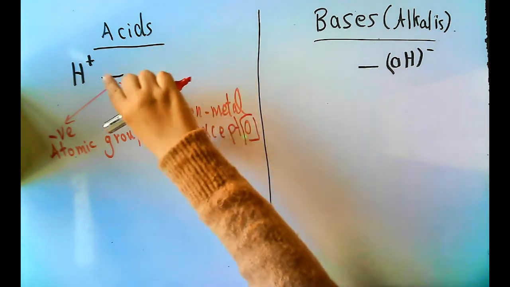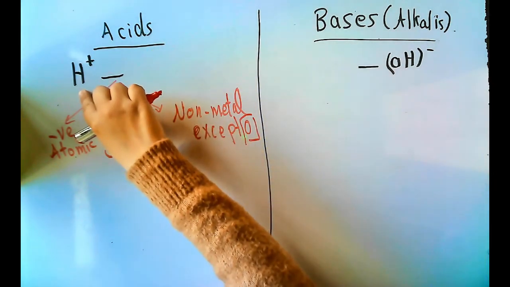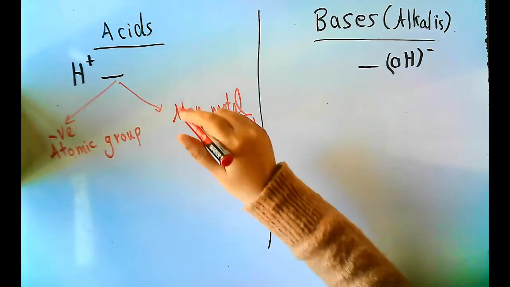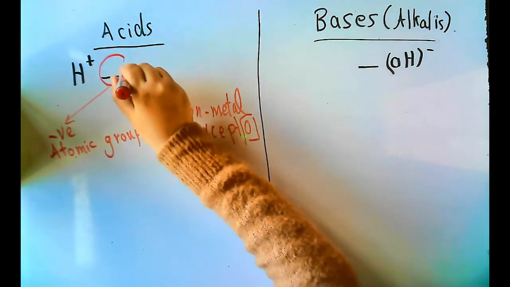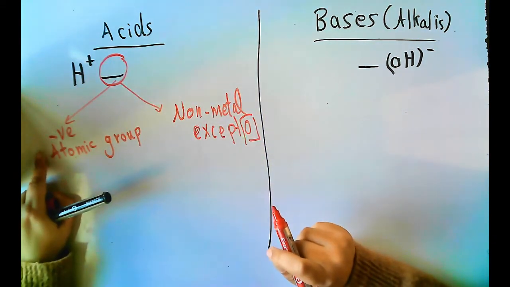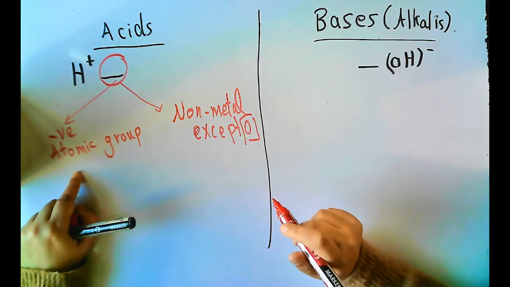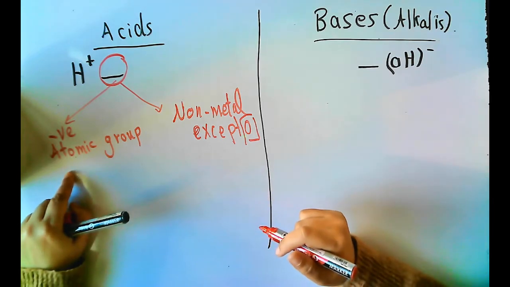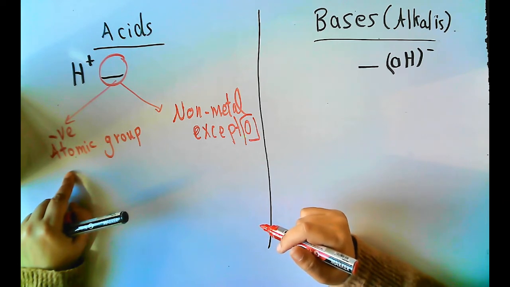So acids start with positive hydrogen ion. This positive hydrogen ion combines with either a negative atomic group, as we studied in valency, the atomic groups like hydroxide, nitrate, nitrite, carbonate, sulfate, phosphate. We studied all of them.